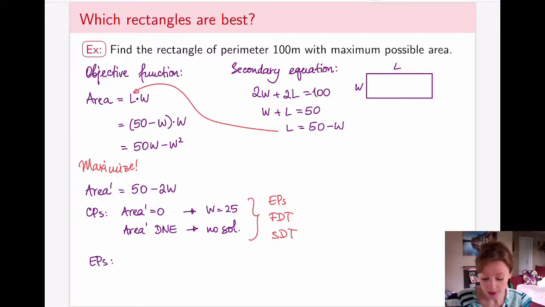You would then have to think about your variable here, which is W. What is the smallest and the largest that W can be given a constraint that all the way around your perimeter still has to be 100 and that you're trying to maximize the area, right? So the simplest thing I can say about W here is that it has to be greater than 0, but that doesn't give me the biggest value that the W can be.